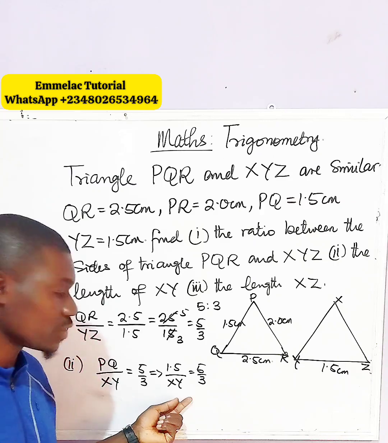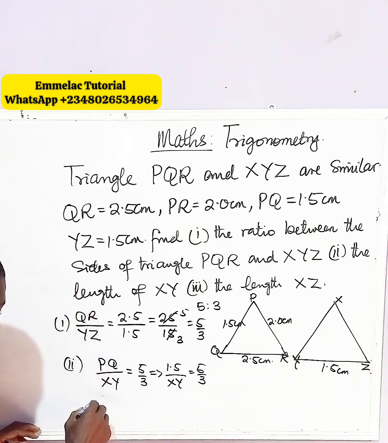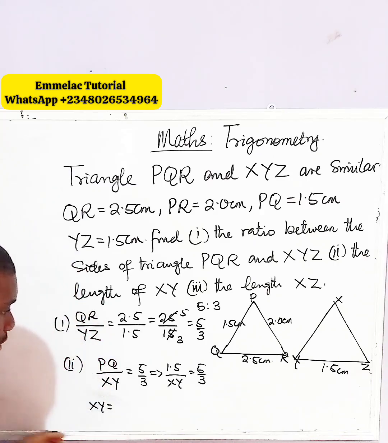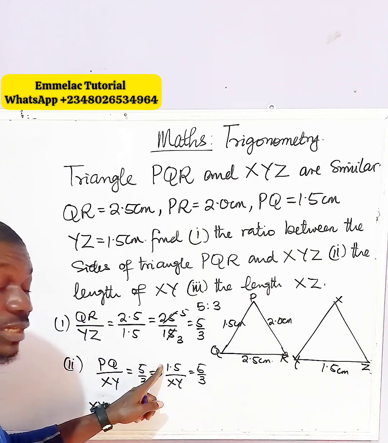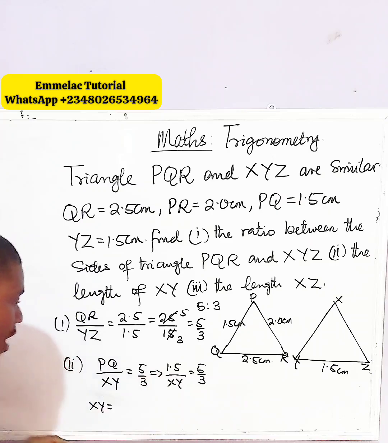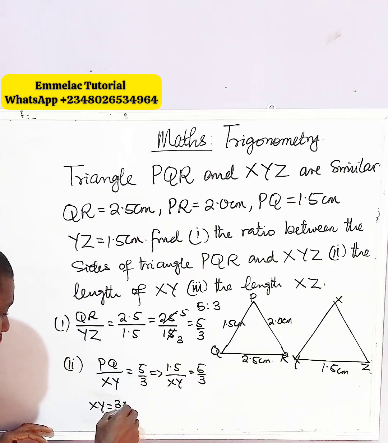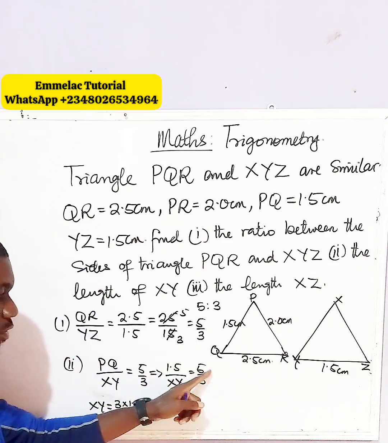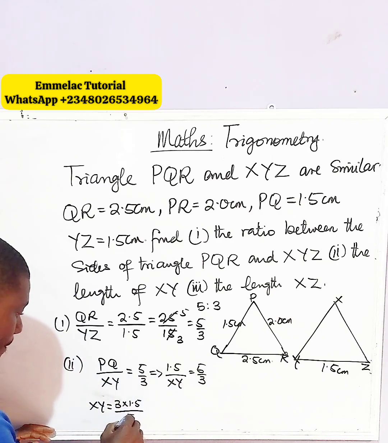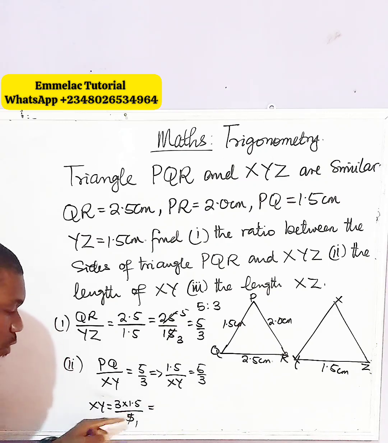Now making XY the subject of the formula, XY will give us 3 times 1.5, all over 5. So 5 in 1.5, 1 is impossible, we have 0.